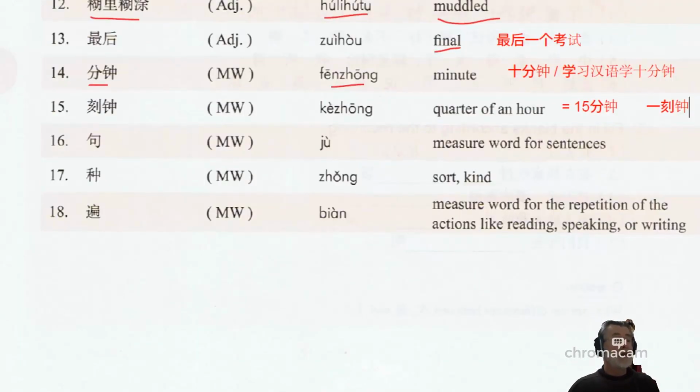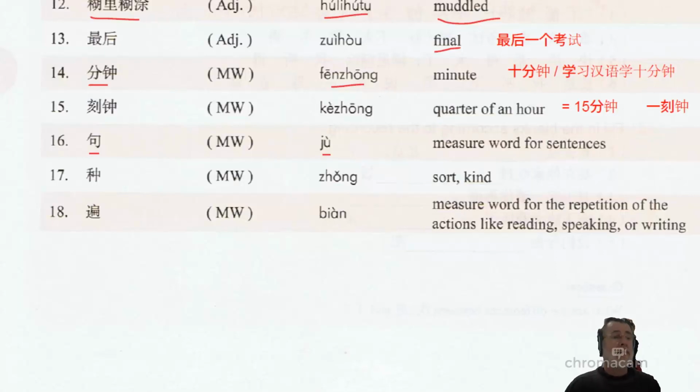Okay, here is another word which we actually saw a longer version of just before, 句. So just a bit earlier on we saw 句子, meaning a sentence, and this is a measure word for sentences. So 两句句子. To be honest, you don't often hear Chinese people say that. They would say 两个句子.